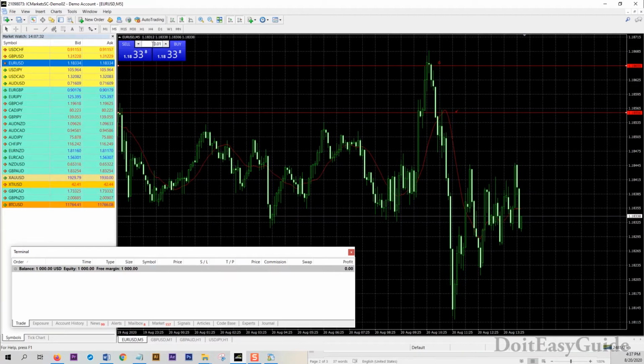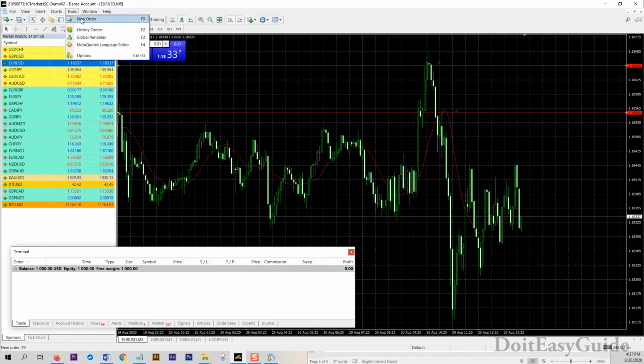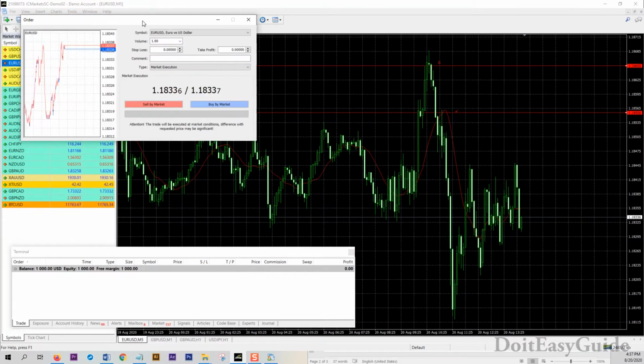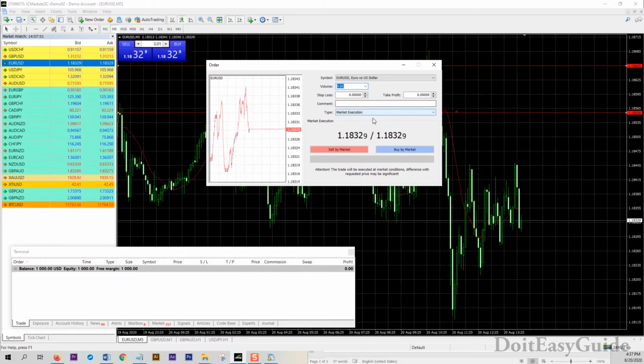Here we can put our lot size 0.01, or you can go to Tools, New Order, and you get this order window, and here you can put your lot size. So let's sell from here, just as an example. I'm going to click sell.